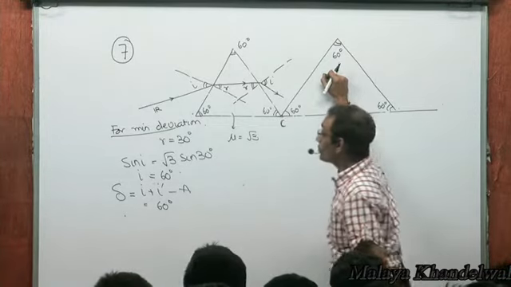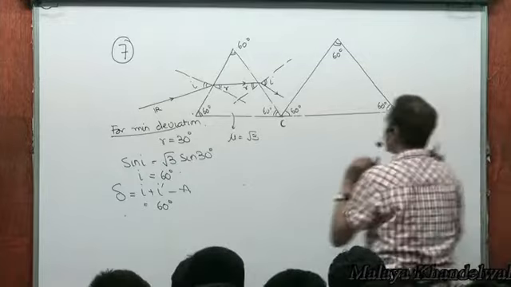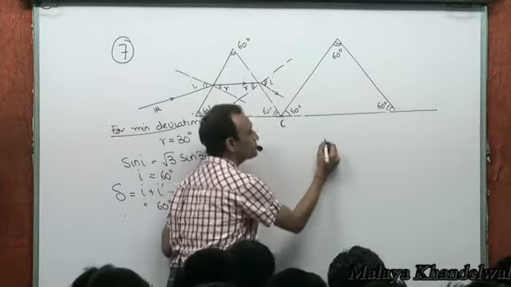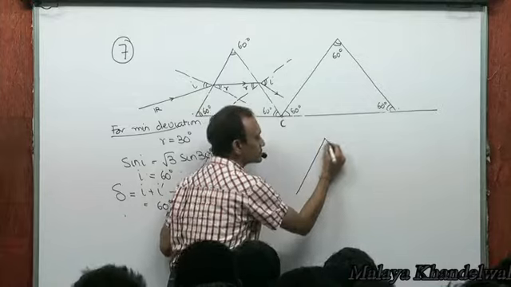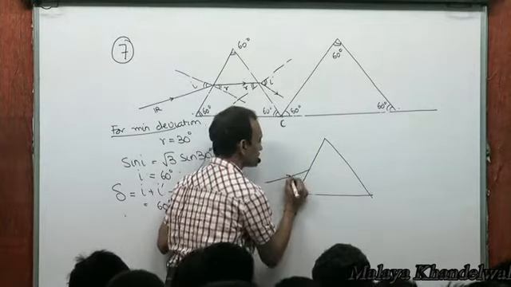Right? Now, ordinary geometry, very ordinary geometry. See, this is the first prism, right? This is an incident ray.